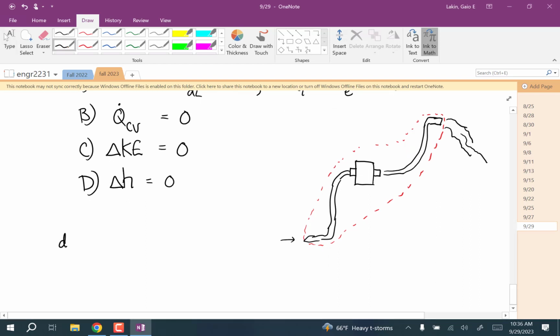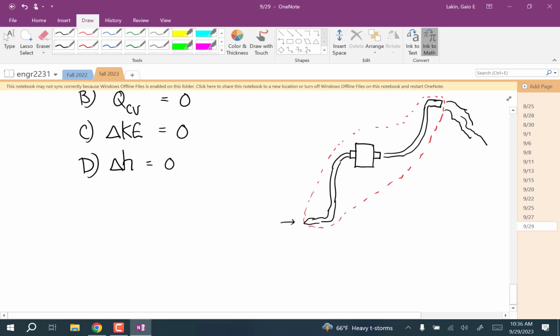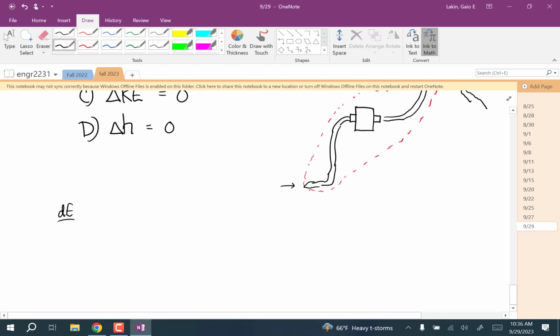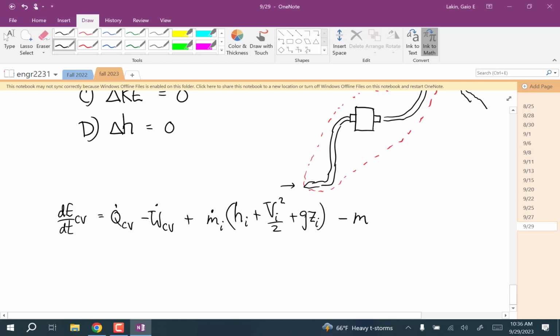And so we're going to assume that enthalpy doesn't change. Okay, so if we start with the full equation, and then minus the exit stuff, this goes away.